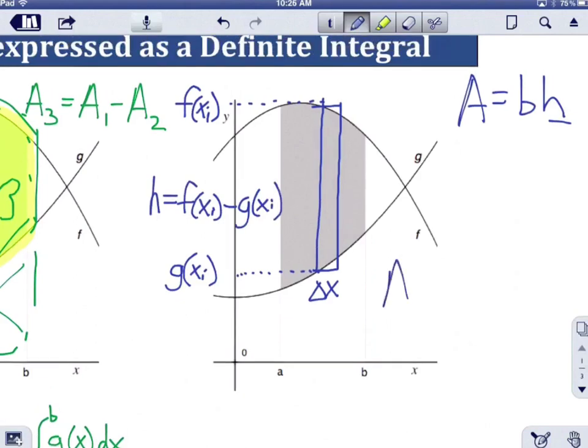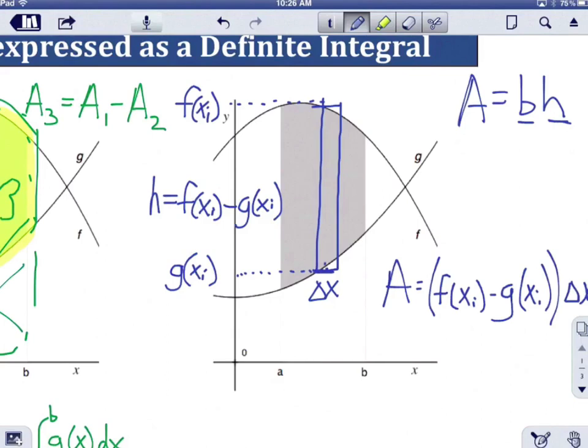So if I were to find this area by plugging in for my base and my height, I would get the height is f of x sub i minus g of x sub i times delta x. Okay, and we know then that we're going to be taking an infinite amount of rectangles here and letting my delta x go to 0.